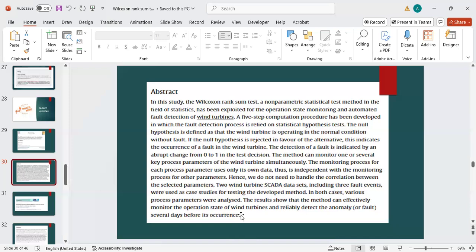Two wind turbine SCADA data sets, including three fault events, were used as case studies for testing the developed method. In both cases, various process parameters were analyzed. The results show that the method can effectively monitor the operation state of the wind turbine and reliably detect the anomaly or fault several days before its occurrence.